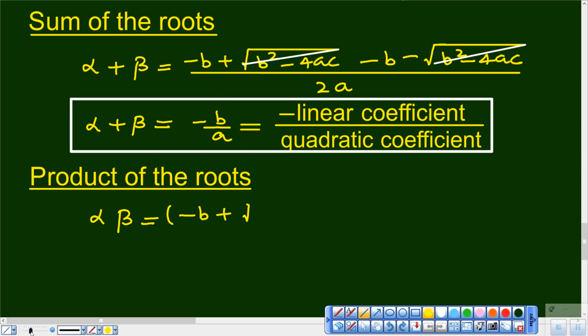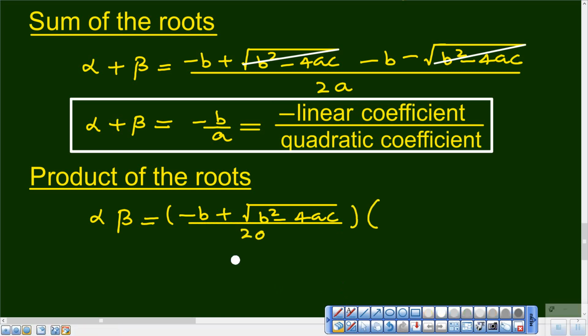Let me make it thinner. Okay, square root of b square minus 4ac upon 2a, multiplied with the second root, that is minus b minus under root b square minus 4ac upon 2a.